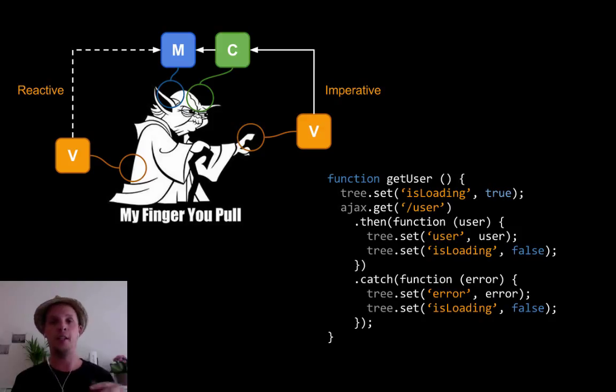Now, the problem here is that the name of the function doesn't tell what it does. You have to read the implementation details. So if the name would suggest what it actually does, it should not be getUser. It should be like set loading, getUser, if success, set user, revert loading state, and so on. I'm just trying to make a point here.